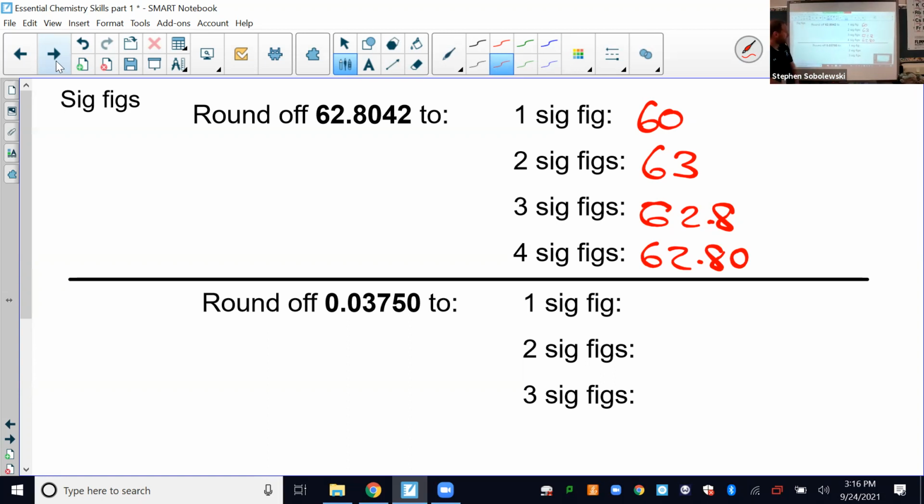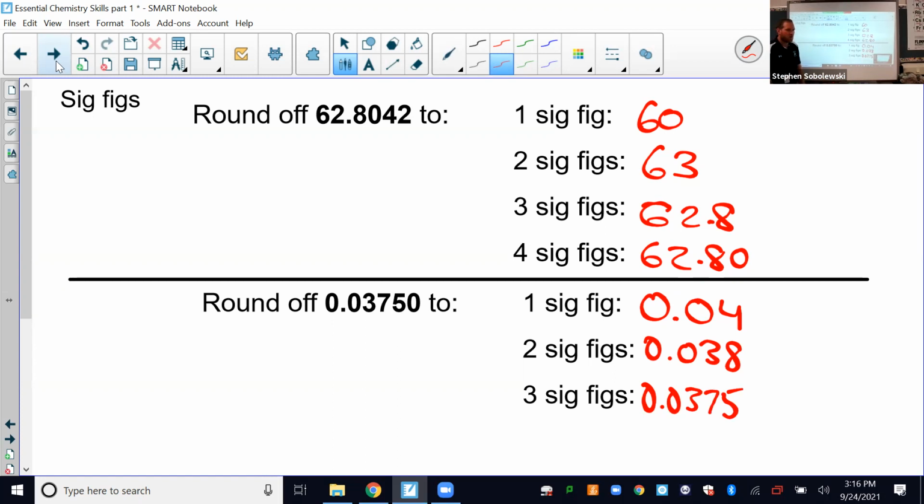This one down here with 1 sig fig, 0.04. 2 sig figs, 0.038, because the 5 makes it round up. And finally, 3 sig figs, 0.0375.